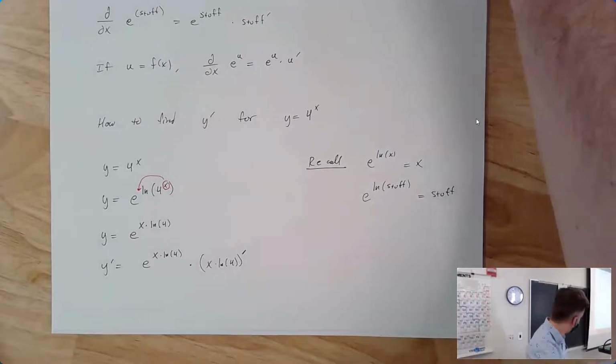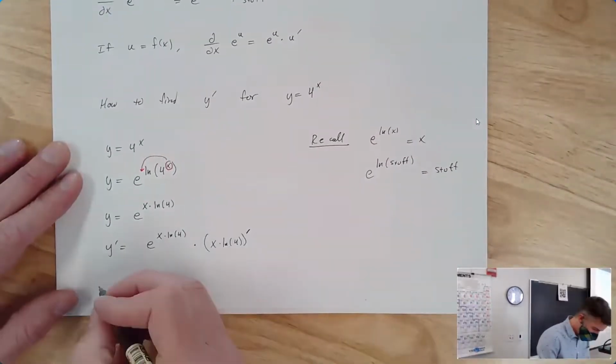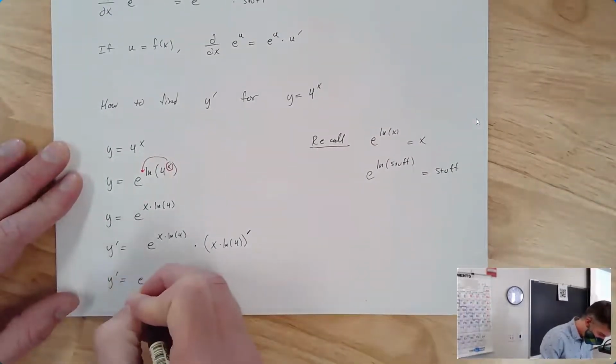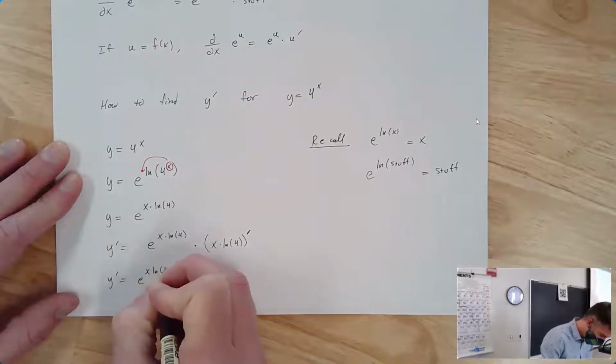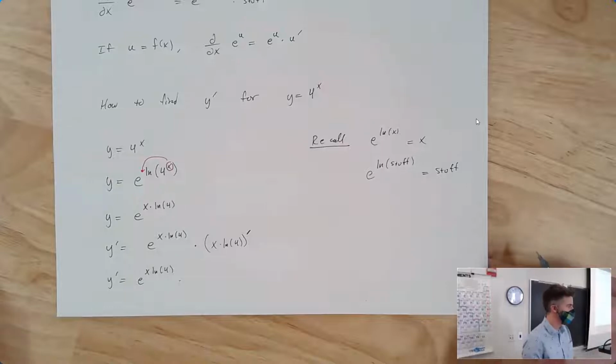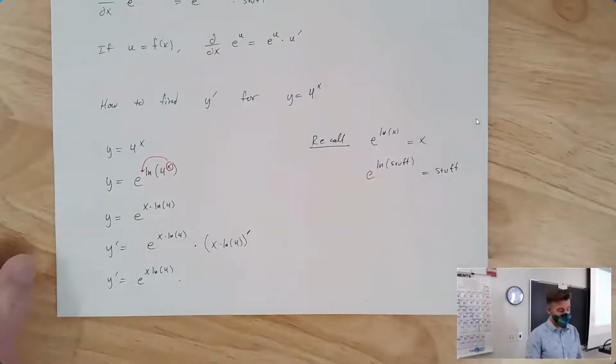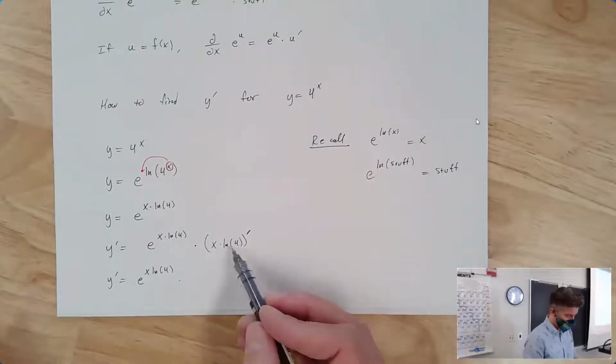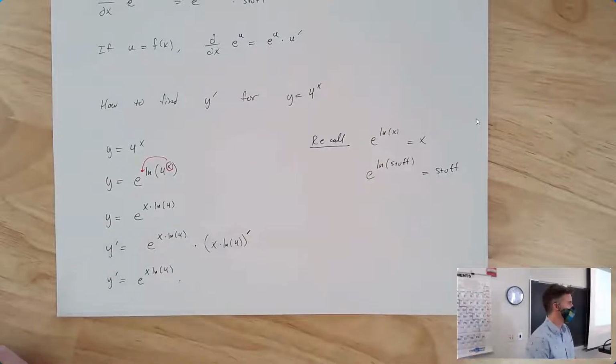Okay, everybody should be able to tell me, what is the derivative of x times natural log of 4? Or let me say this a different way. What's the derivative of a constant times x? The derivative of a constant on its own is definitely 0.